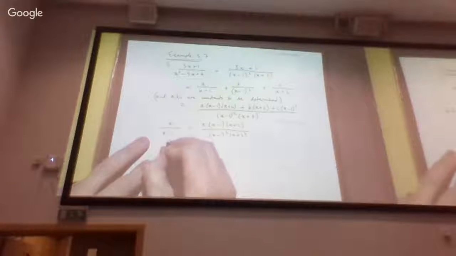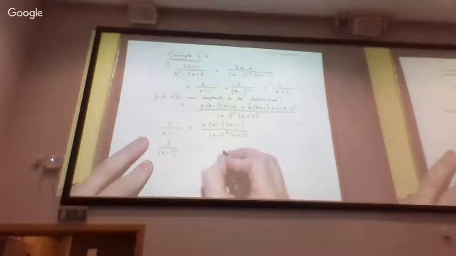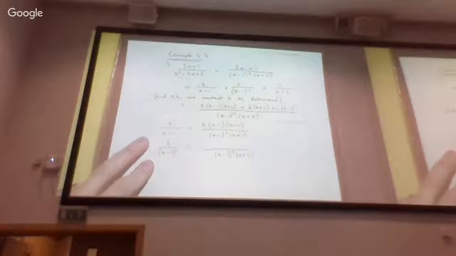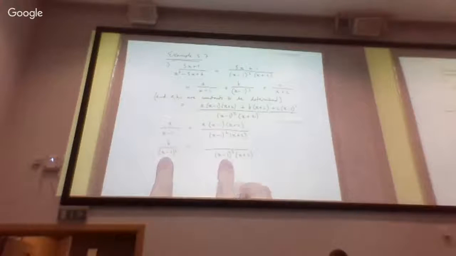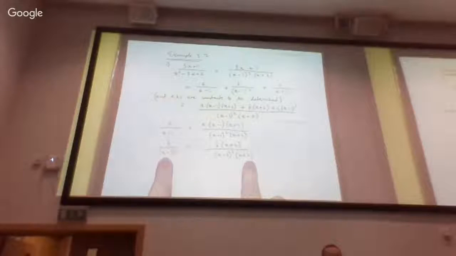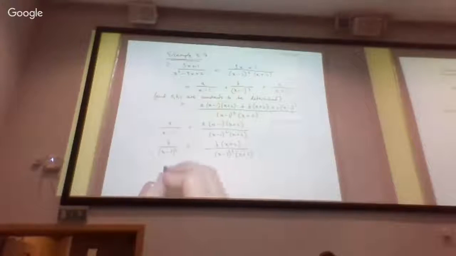And then similarly, b over x minus 1 all squared. I want to write that over the same denominator. So the x minus 1 squared is already there, so I just need to multiply b by x plus 2 to cancel off that. And then lastly, the c over x plus 2.